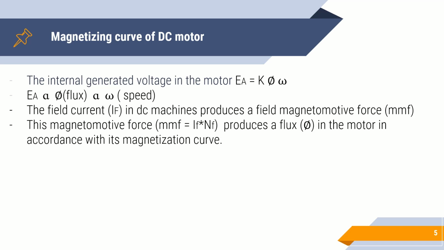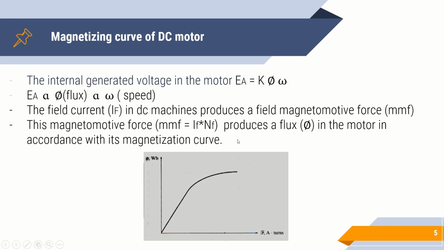So if we want to plot phi versus IF or MMF, we get this curve, which goes linear until a point where flux gets a constant value and goes to saturation.